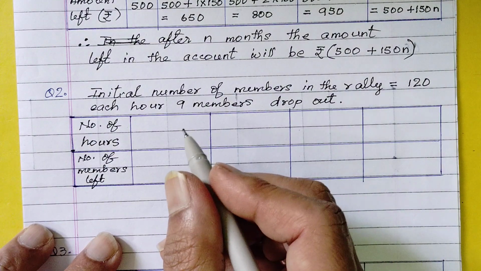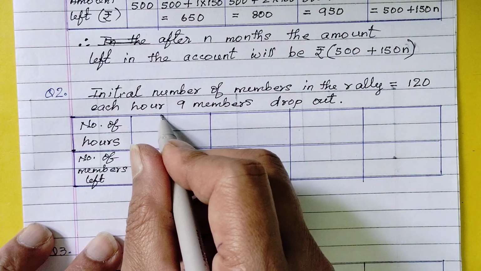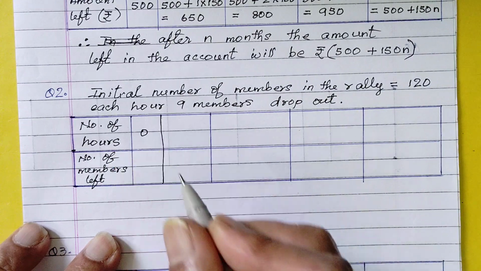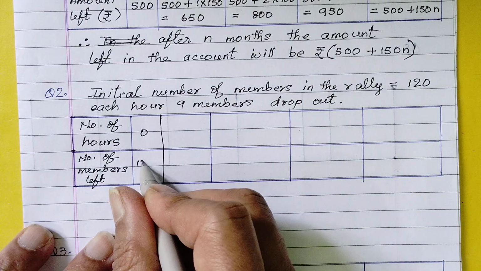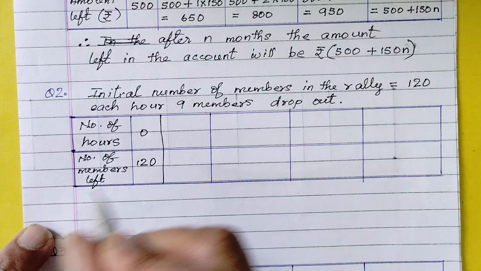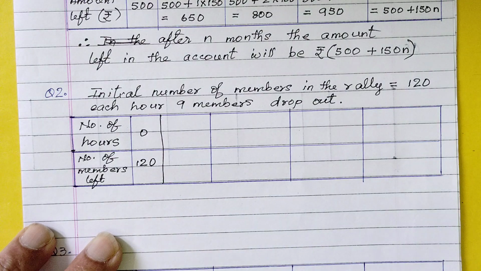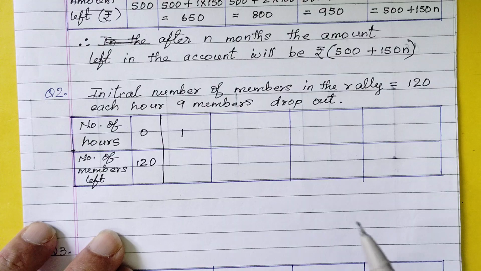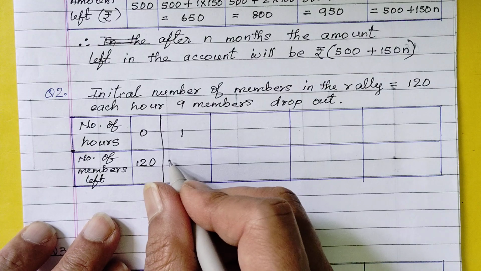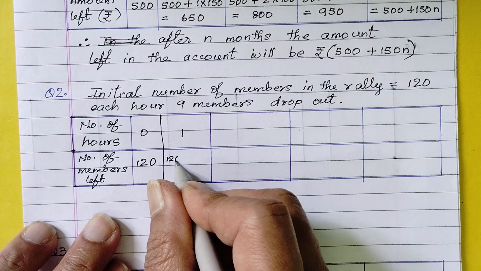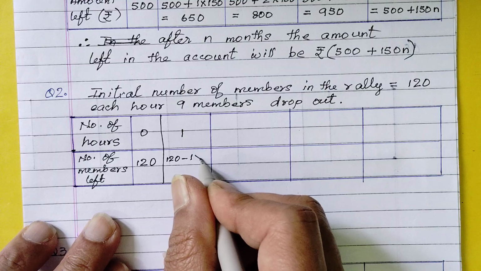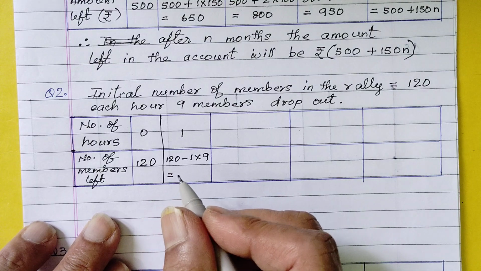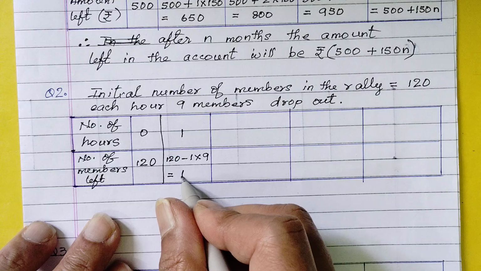So here the rally starts with 120. So at 0 hours, there will be 120 members at the start of the rally. Then after the first hour, the number of members left will be 120 minus 1 into 9, that's equal to 111.